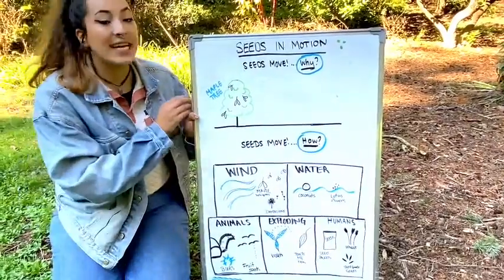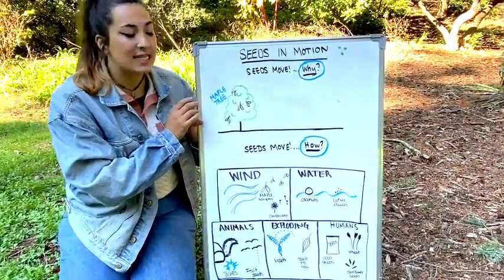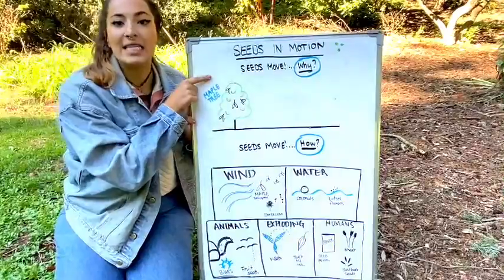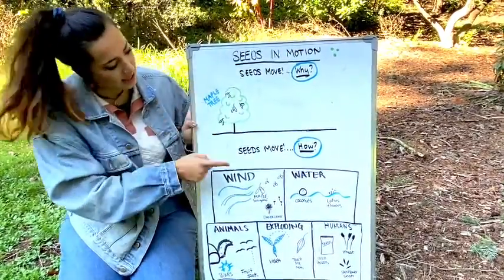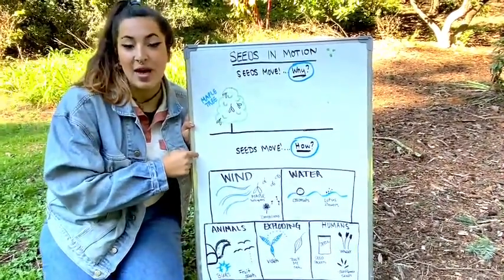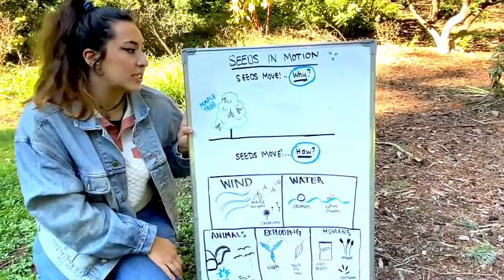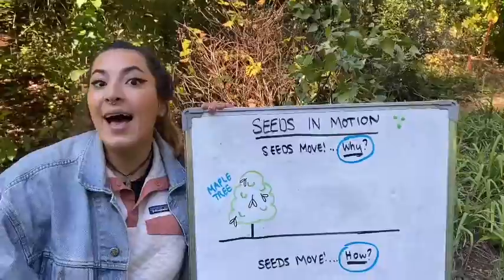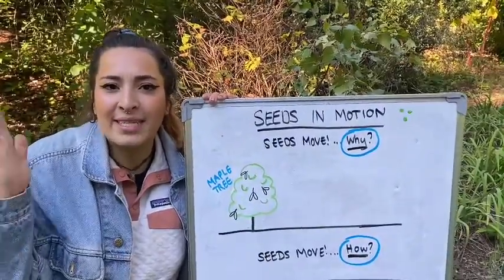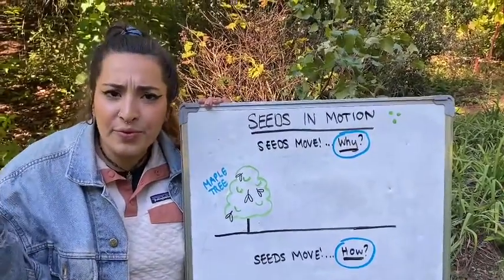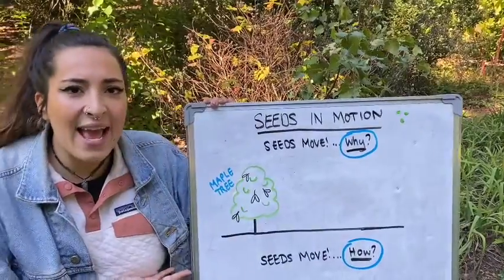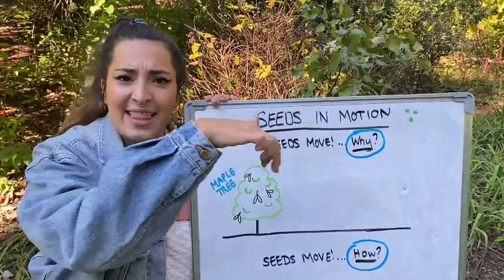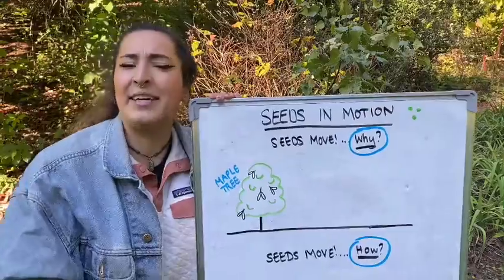Today we're going to continue on our theme of seeds, and we're going to talk about why seeds move, and how seeds move. And then we're going to go do a little STEM project and do a little bit of engineering at home. Did you know that seeds can move? What? Do they have little legs like us that they can get up and walk around?